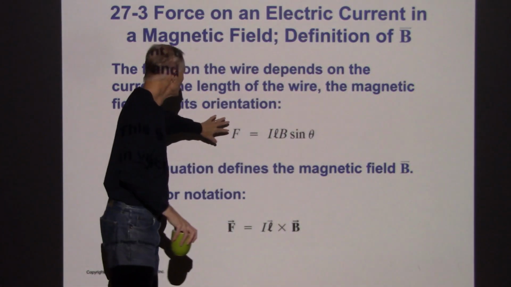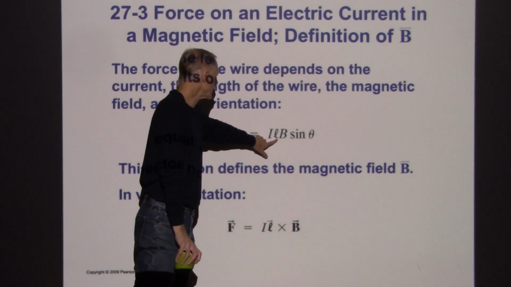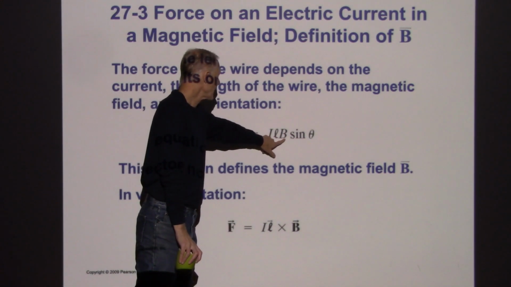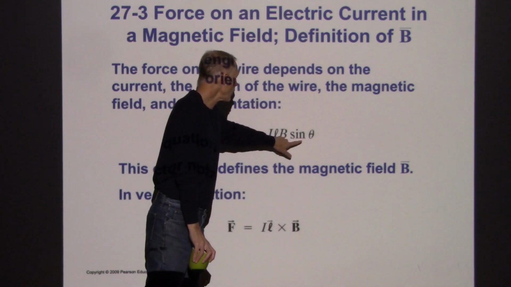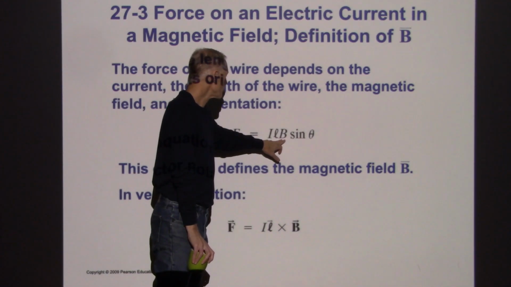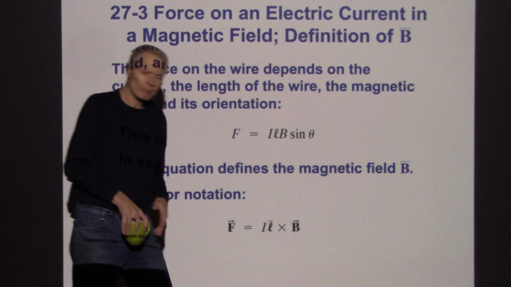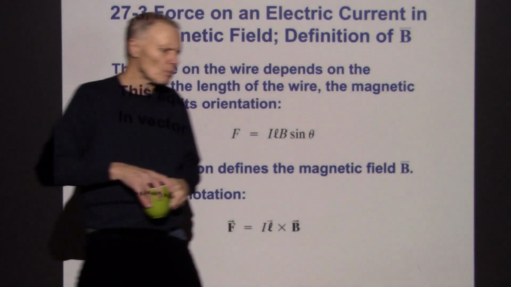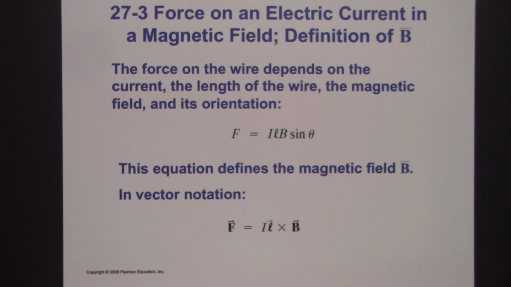So the magnitude comes from knowing how much current we've got, how long the wire is, what the magnetic field value is, and then how the current direction is oriented with respect to the magnetic field. This is in terms of vectors, and this requires us to go back in and remember how cross products work.